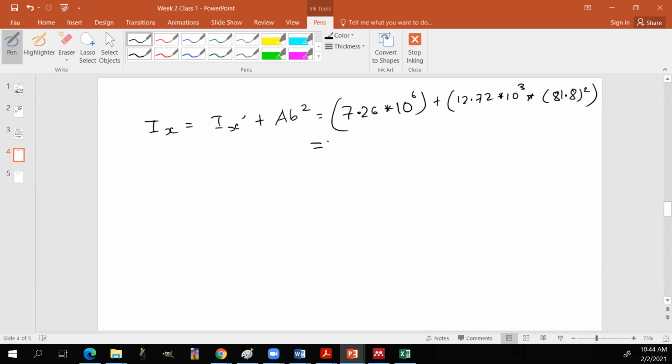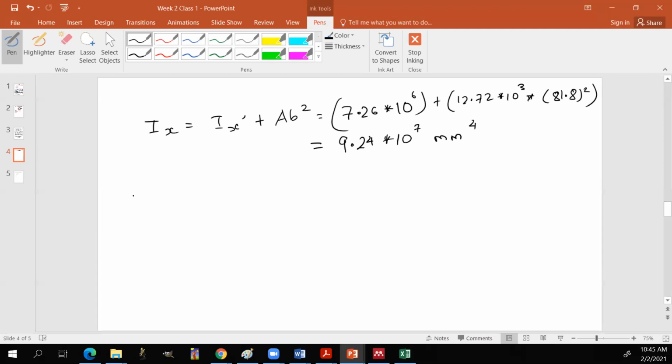So what does this come out to be equal to? .24 times 10 to the 7. 4 times 10 to the 7 units. Millimeters to the 4th, right?